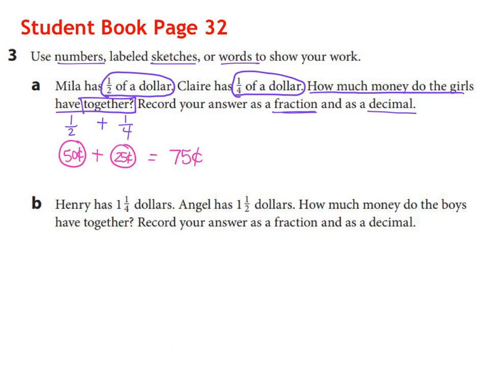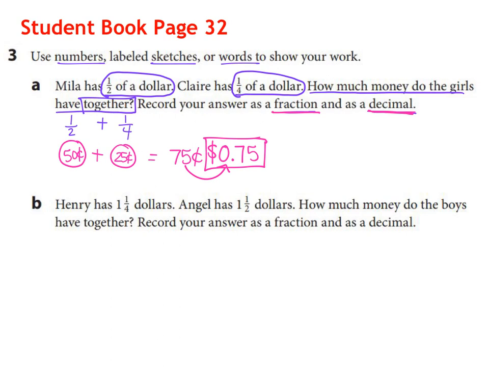So I have it in money. I need to have it in a fraction and a decimal. So decimal is easy. All I have to do is make it into a money with the decimal. So there I have 75 cents as a decimal.